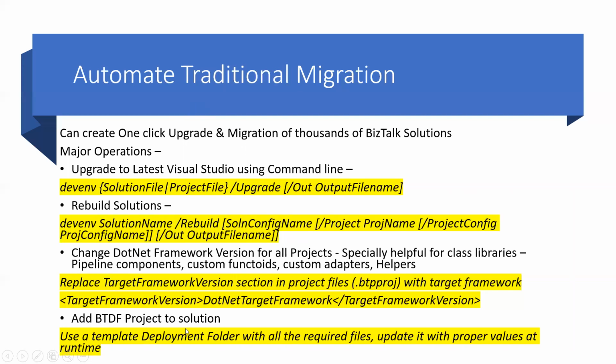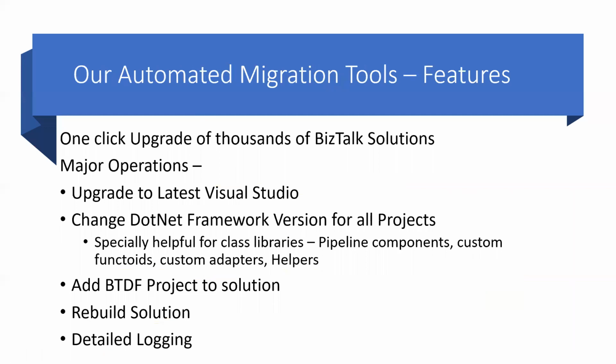Similarly, for BTDF projects, you'll have to add it to each and every solution. In that also, there will be some files where you'll have to check whether you have schemas or not, maps or not, orchestrations or not. Those yes/no options you'll have to set. So these are the four actions which we are going to primarily perform.